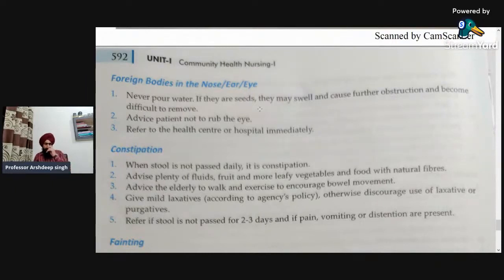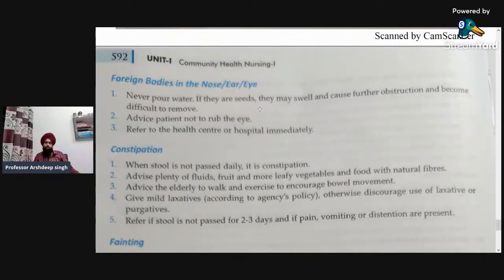How would we manage this? Never pour water. If these are seeds, they will grow and swell, and it would be difficult to get them out. That will obstruct hearing, or it might obstruct the nose.